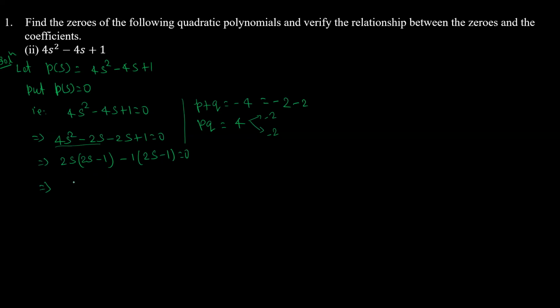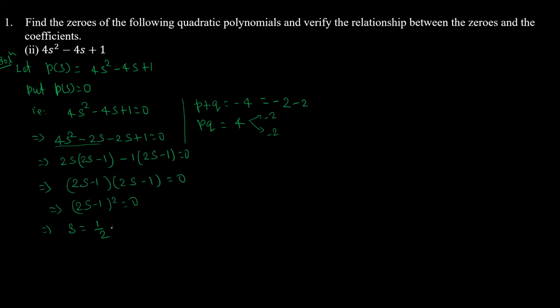So now finally 2s minus 1 is the common, and from the first term 2s, second term minus 1, this is equal to 0. So finally here what you are saying, this is the same as 2s minus 1 whole square equal to 0. So finally if you find here s value, we'll get here 1 by 2. Okay. So here s is what, 1 by 2.